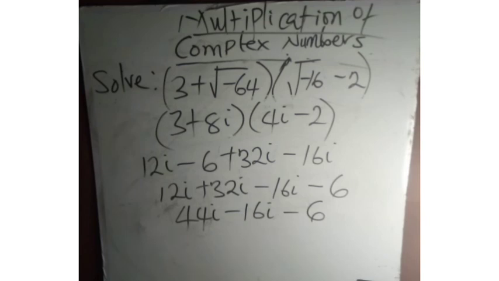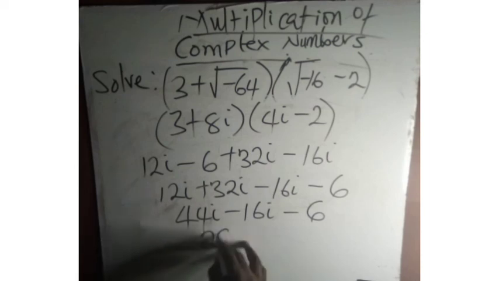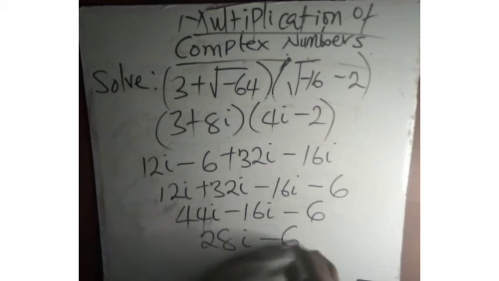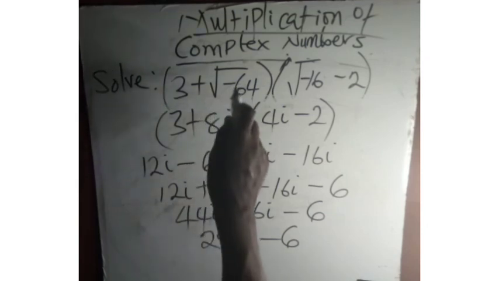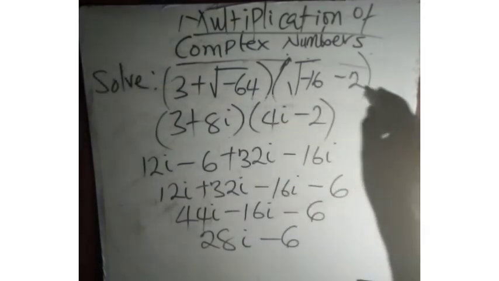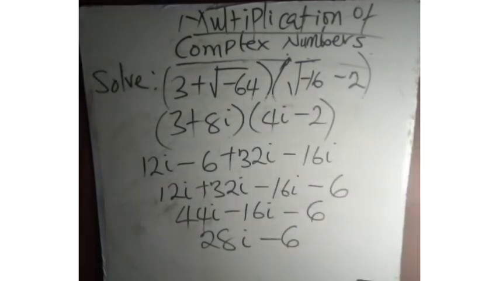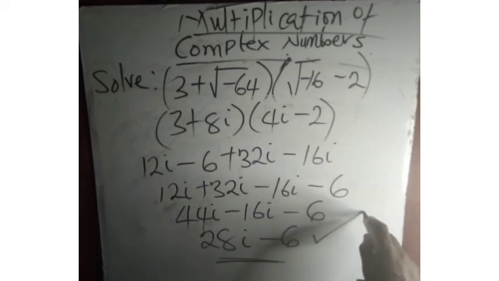Now 44i minus 16i is 28i, 28i minus 6, isn't it? So the product of 3 plus the square root of minus 64 by the square root of minus 16 minus 2 is 28i minus 6. This is our answer for today.